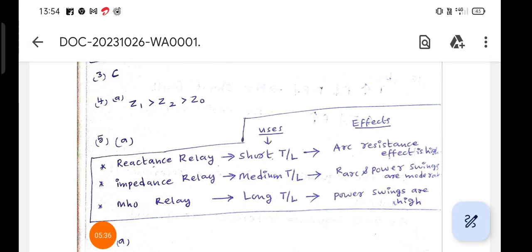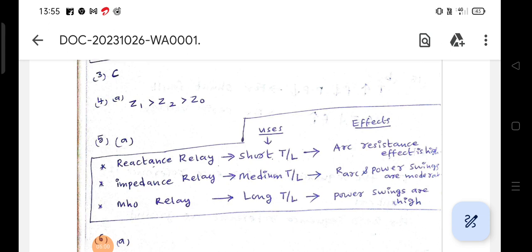Now coming to the analysis. Majorly for transmission line protection, three relays are used: reactance relay, impedance relay, and mho relay. Reactance relay is used for short transmission lines, impedance relay is used for medium transmission lines, and mho relay is used for long transmission lines. In a short transmission line, the arc resistance effect is high.